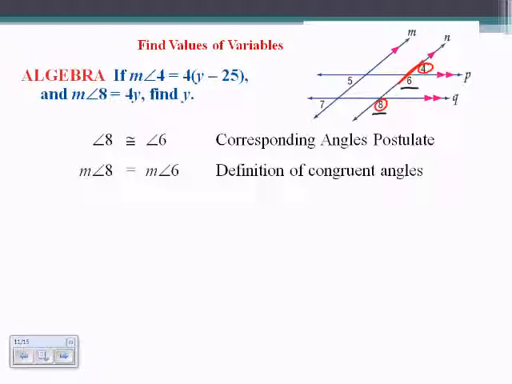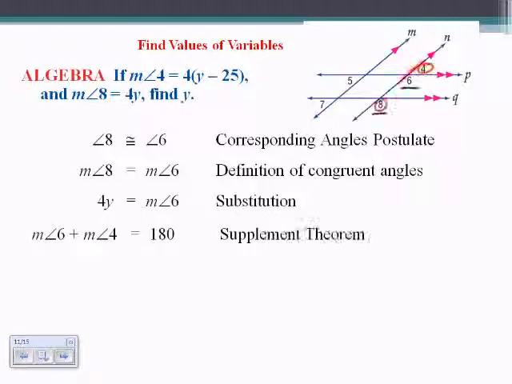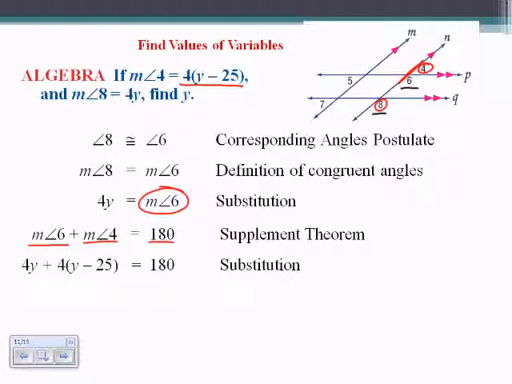We know that 4 and 6 have to be supplementary because of their linear pair. So after we substitute the value 4y for measure of angle 6, we know that measure of angle 6 plus measure of angle 4 is equal to 180. We can substitute in what angle 6 and angle 4 are equal to. We have this statement then, 4y plus 4 quantity y minus 25 equals 180. Now that we have this set up, it's an algebraic solve again for the answer for y.